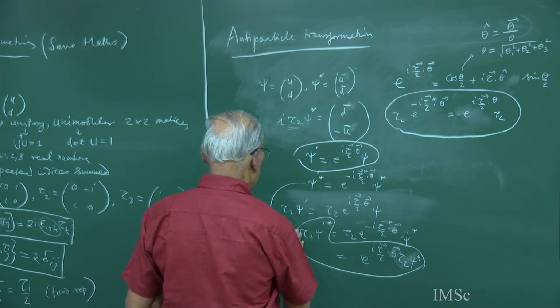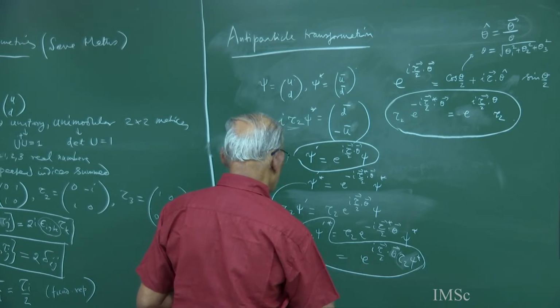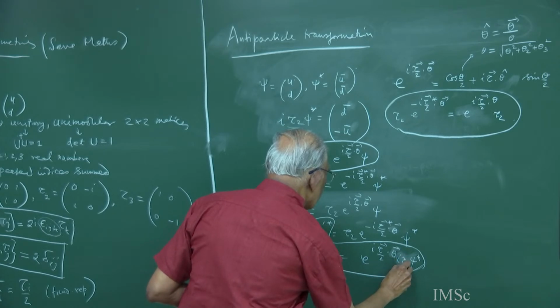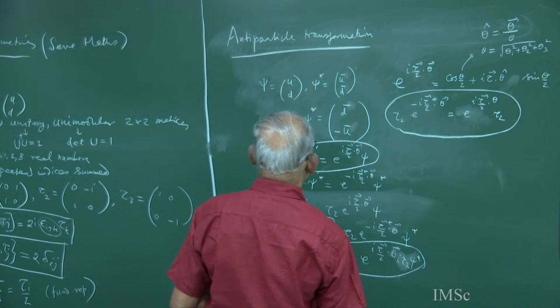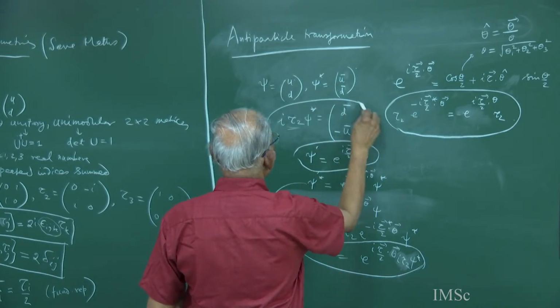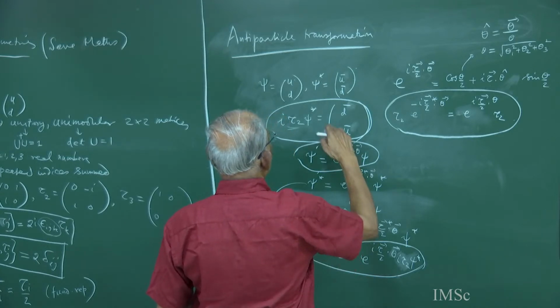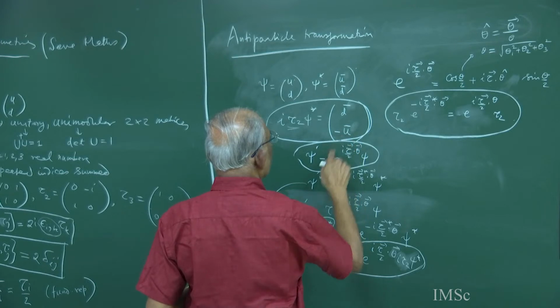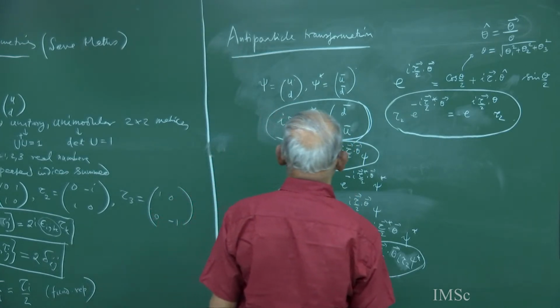Multiplying by I does not do anything, that is just for convenience. So I tau 2 psi prime star is the correct isodoublet, which means first you have to interchange the upper and lower components and then put a relative minus sign. So this is the antiparticle doublet.